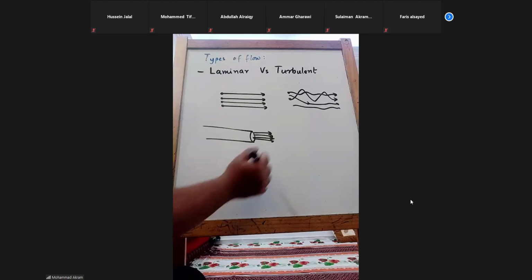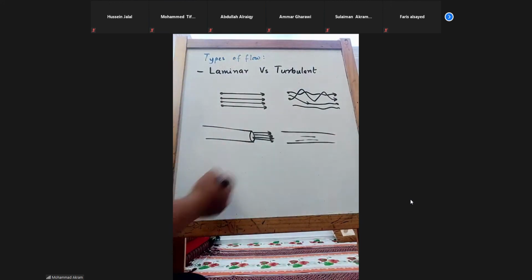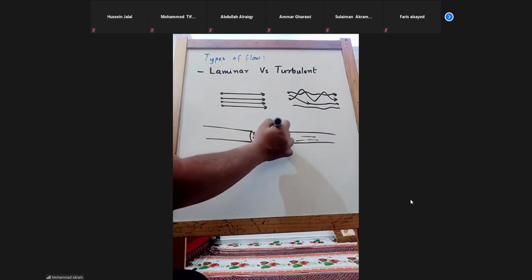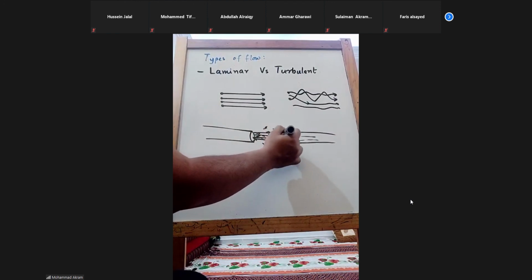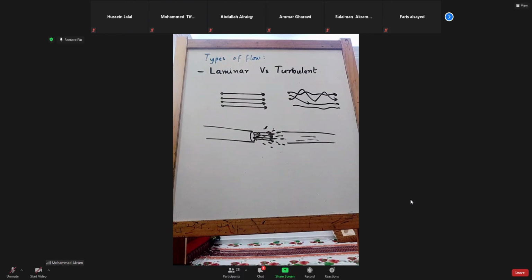You can see simply a rectangle, cylinder. But if you increase the velocity, what happens? Some particles are going in different directions, right? So if you increase the velocity, the flow becomes turbulent. Okay.